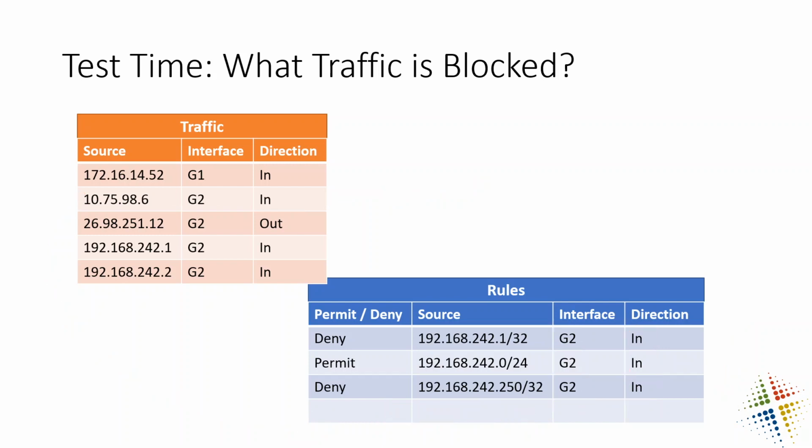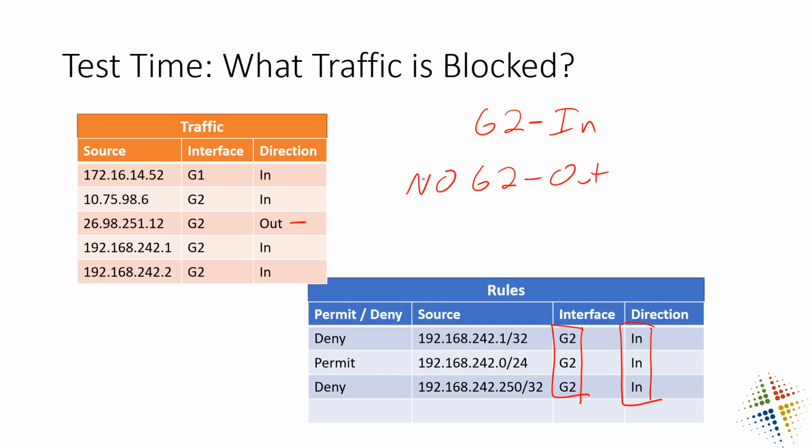All right, so the third traffic, 26.98.251.12, interface G2, direction outbound. So we go ahead and look at our interfaces. That is, in fact, interface G2. The direction is outbound. All of our access lists are inbound. So we do have a G2 in rule with an implicit deny at the very end, but we do not have a G2 out rule.